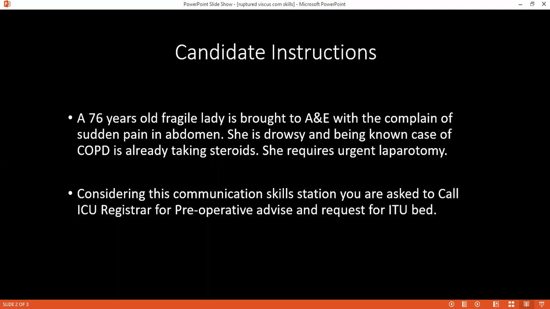How frequently? What would be the dose? 100 milligrams pre-operatively and also post-operatively, for the next 72 hours. After that I will switch it back to oral. Good.